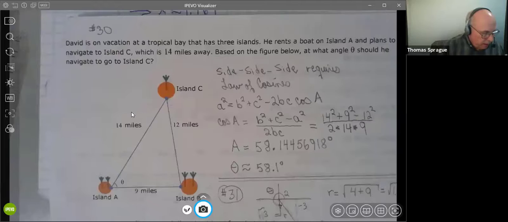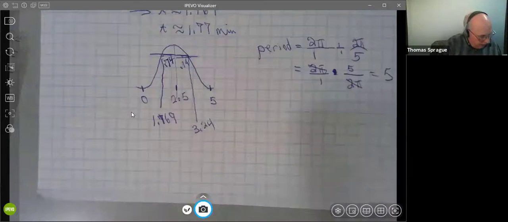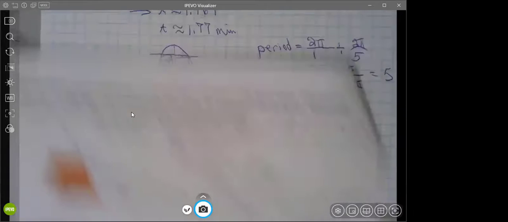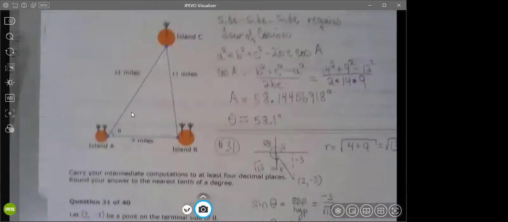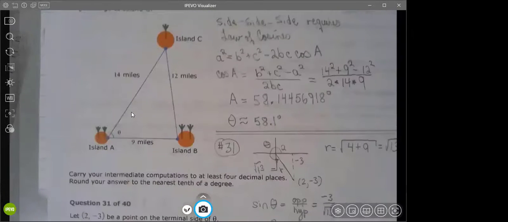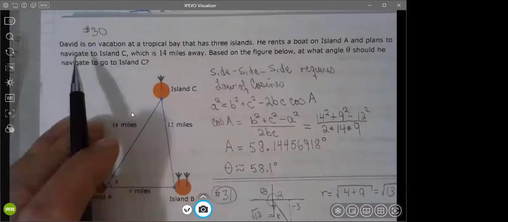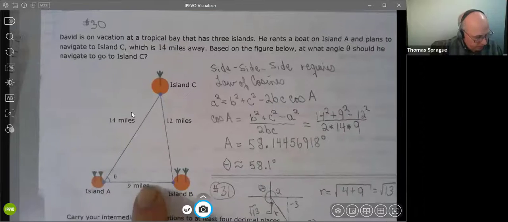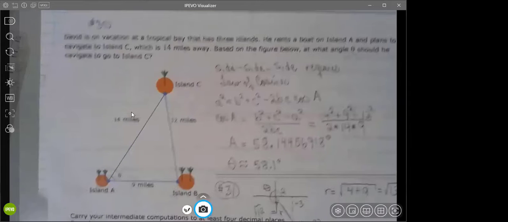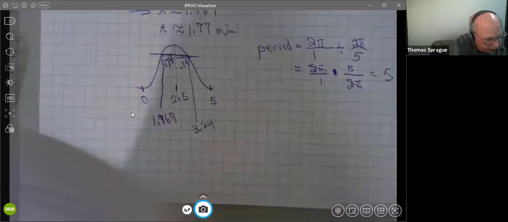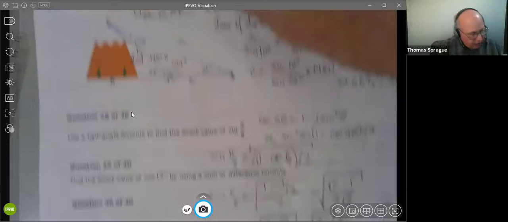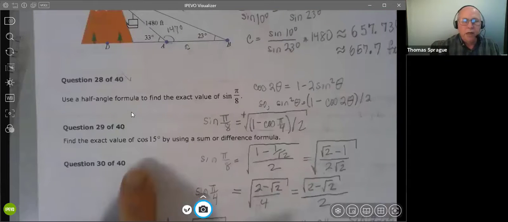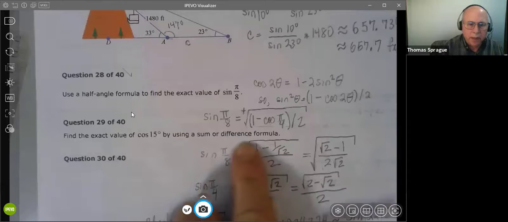Okay, well, let's see how many we got here. Or was it 28? This one right here with the islands, this is number 30. Okay, so 29 actually. Number 29 is the exact value of cosine 15 degrees by sum or difference formula.